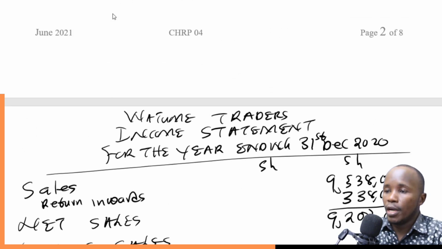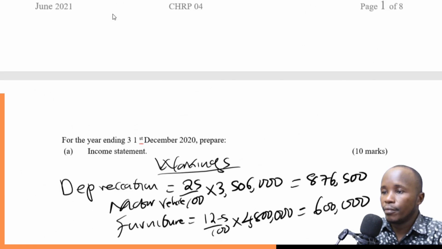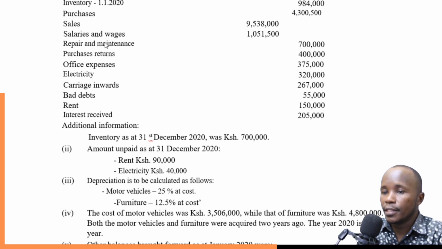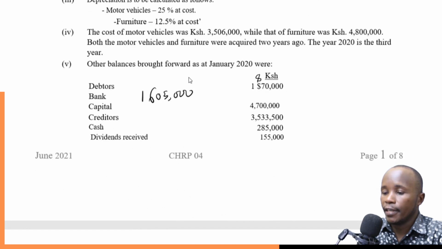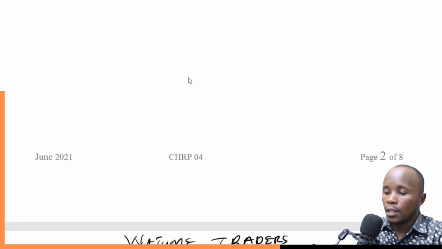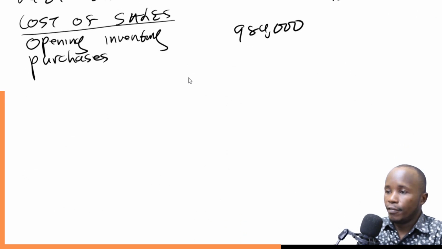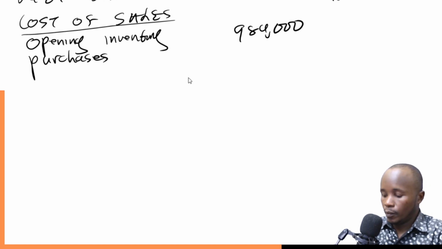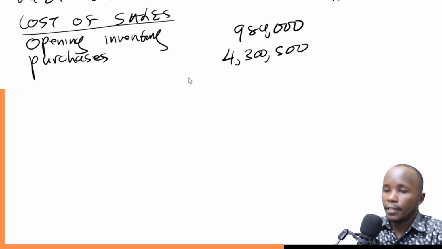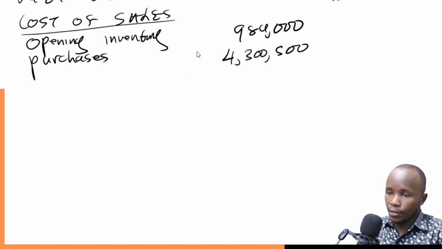Then you look for purchases. How much were the purchases? Let's check from the question. You have purchases of 4,300,500. Were there purchases returns?